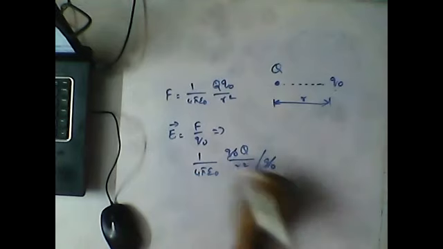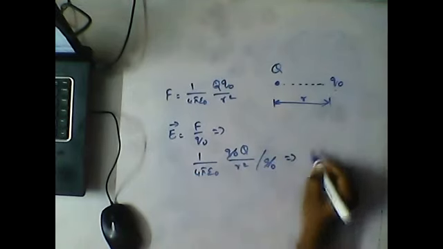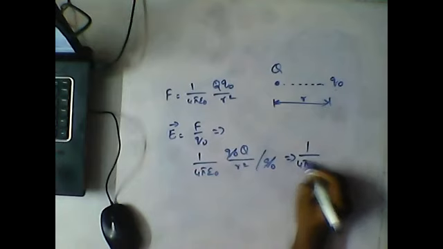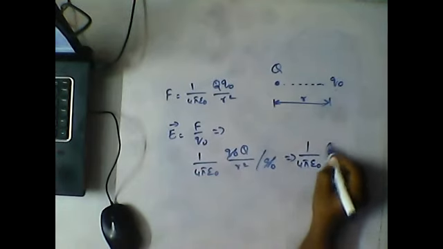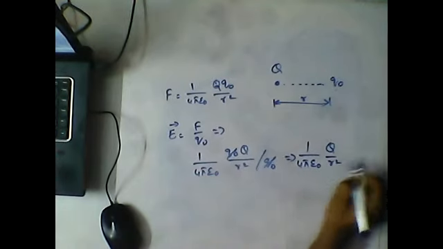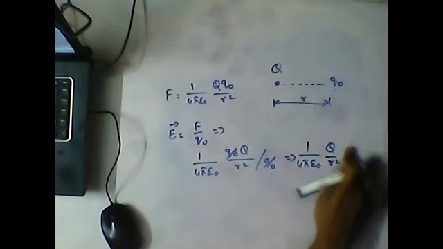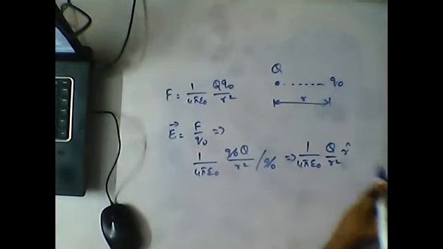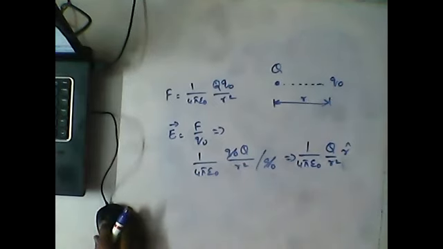So Q naught will cancel, and what we are left with is 1 by 4 pi epsilon Q by R square times R cap. R cap is the direction. R cap will give you the direction of the electric field.